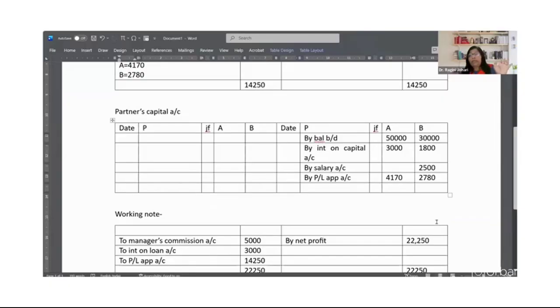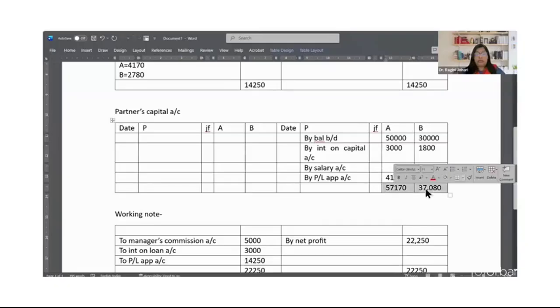If we sum the entire thing, for Amitabh this comes to be 57,172. And for Babu, if we add the whole thing, this comes to be 37,080.